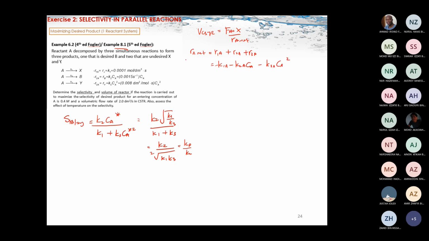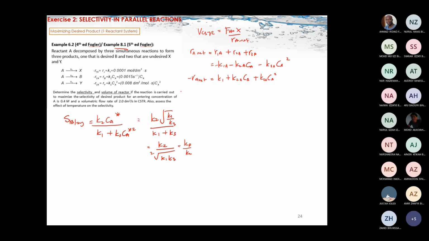Okay, so kita can make it as negative kat this side. So negative RA net is equals to K1 plus with the K2A CA plus with the K3A CA kuasa 2.